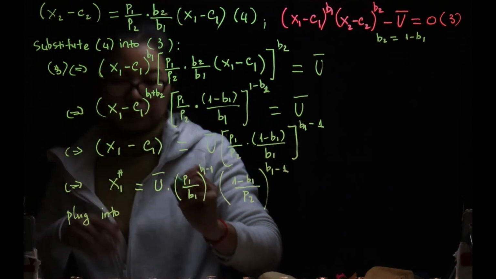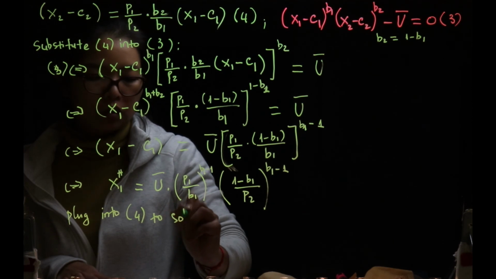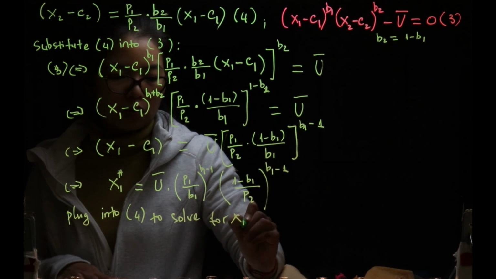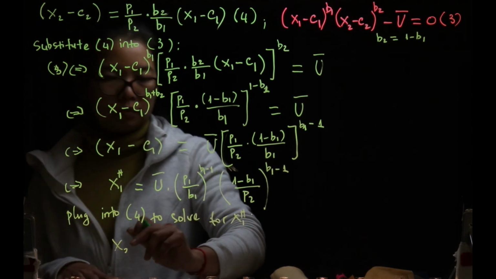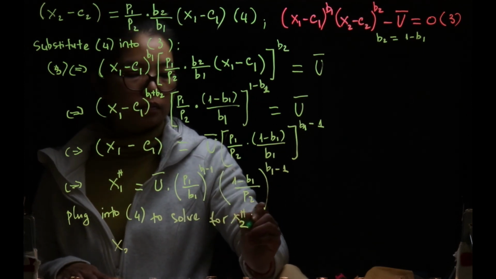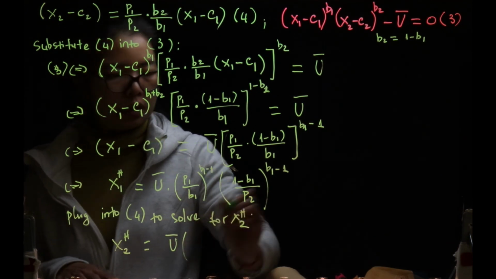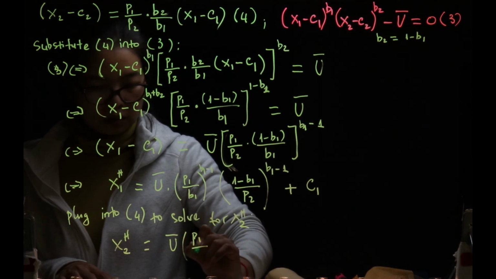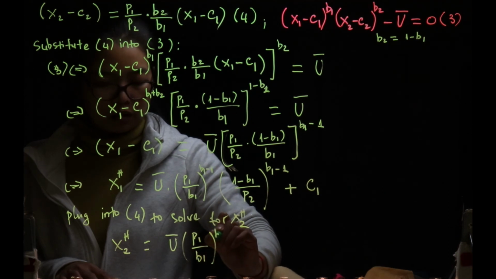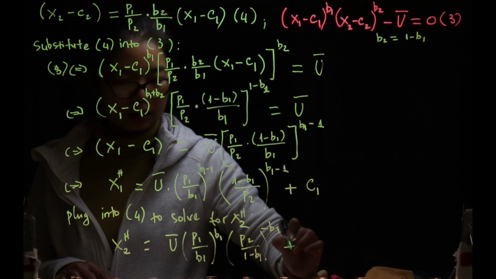Here I will not do that, but we have into 4 to solve for x2 H. So x2 H would be u bar times, I missed something here, c1, okay, b1 to the power of b1 times to the power 1 minus b1 minus b1 plus c2.